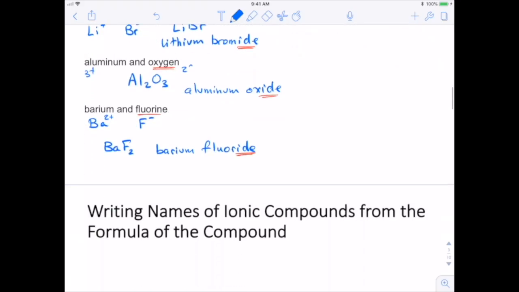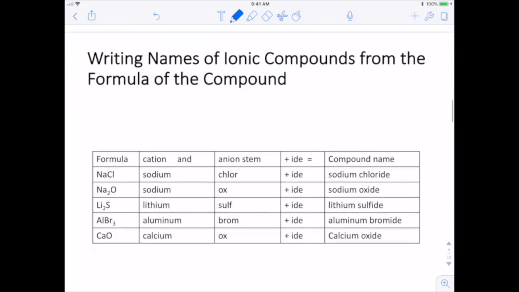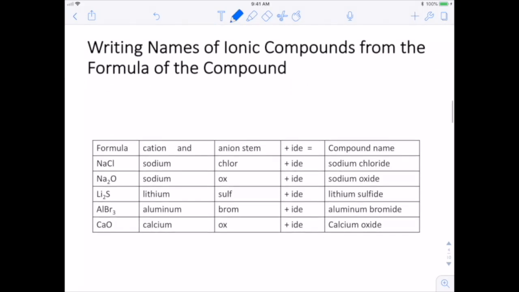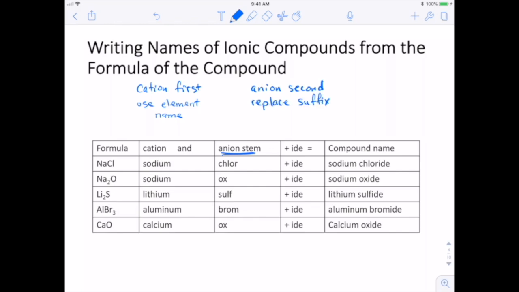So when you're naming an ionic compound, right, remember that the cation is listed first, and you use the element name. The anion is listed second, and for the anion, you just use the stem and replace the suffix with a new suffix that is ending in IDE.